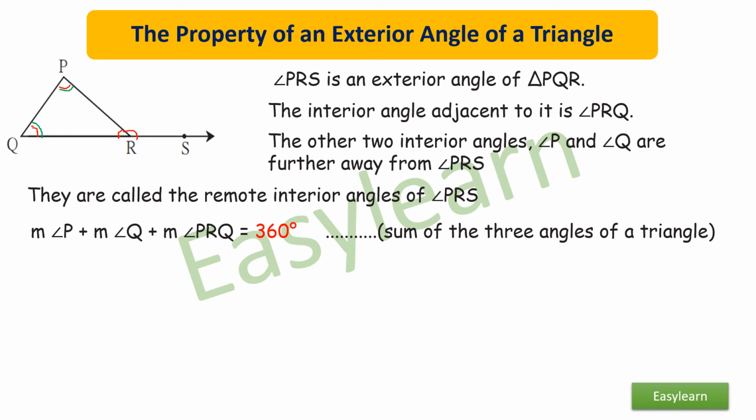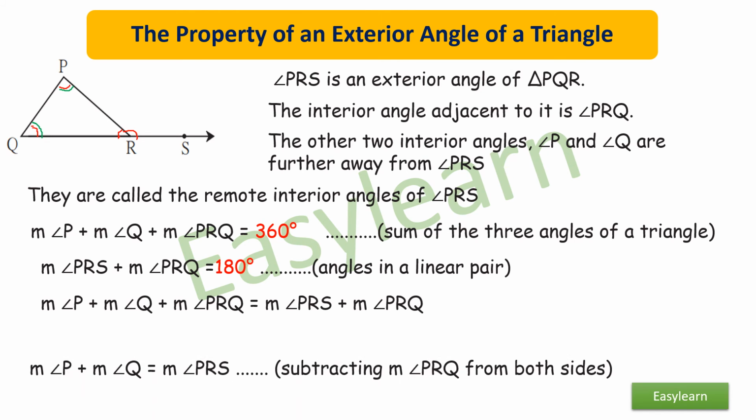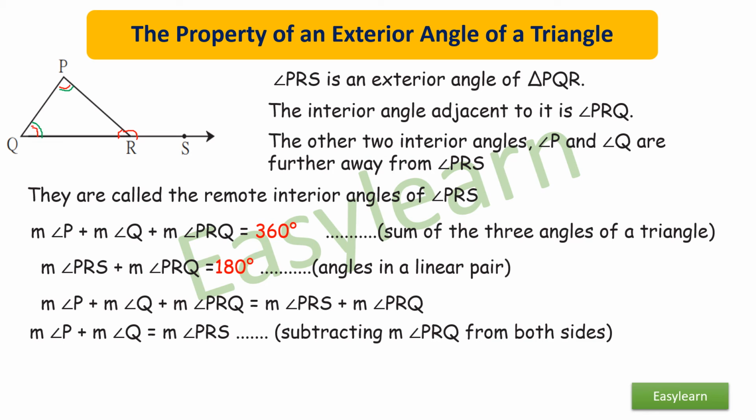Now angle P plus angle Q plus angle PRQ is 180 degrees, that is the sum of all the angles in a triangle. But we know that PRS and PRQ add up to 180 degrees as they form a linear pair. Therefore, measure angle P plus measure angle Q plus measure angle PRQ is equal to measure angle PRS plus measure angle PRQ, which gives measure angle P plus measure angle Q is equal to measure angle PRS.